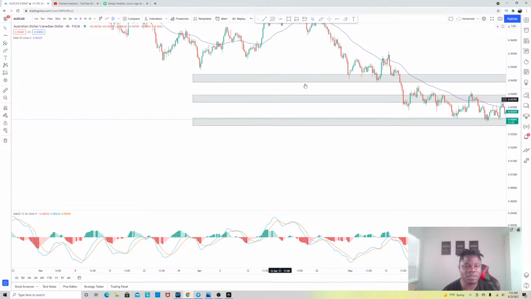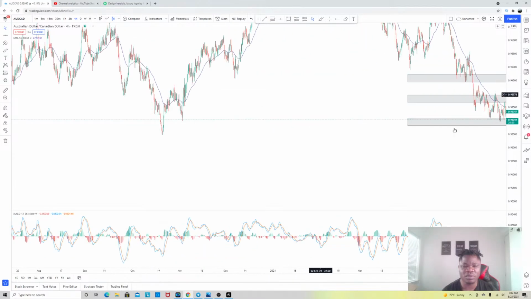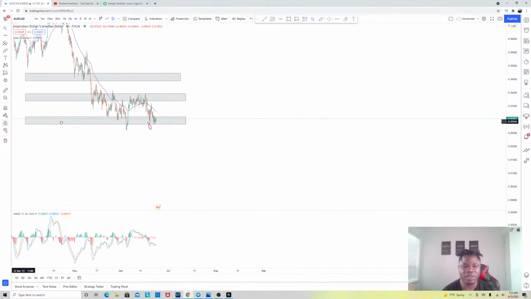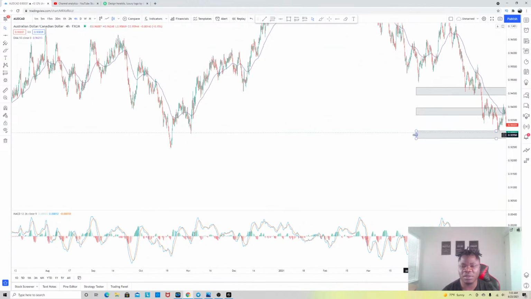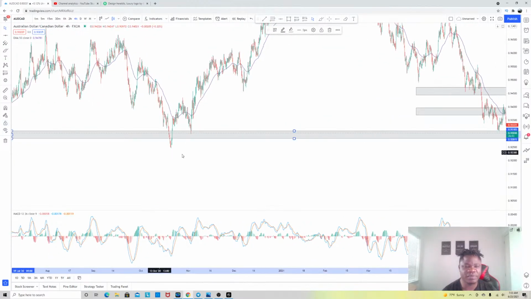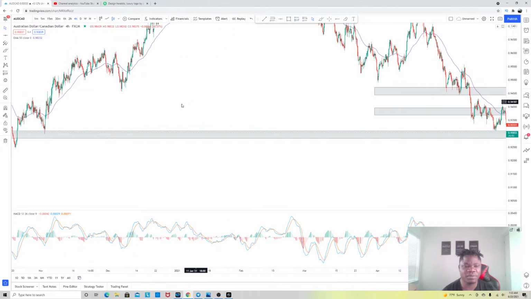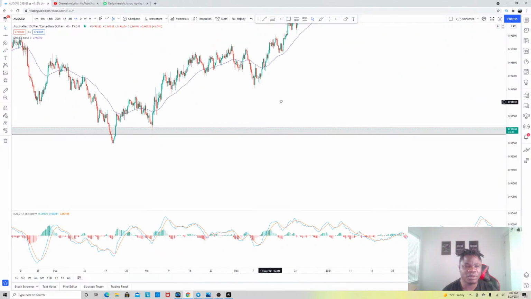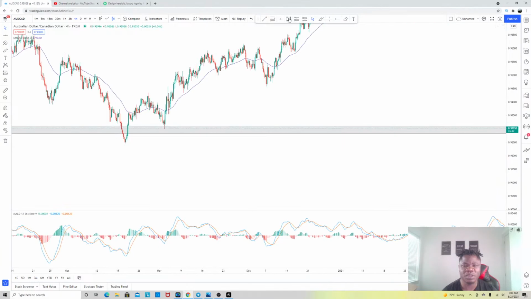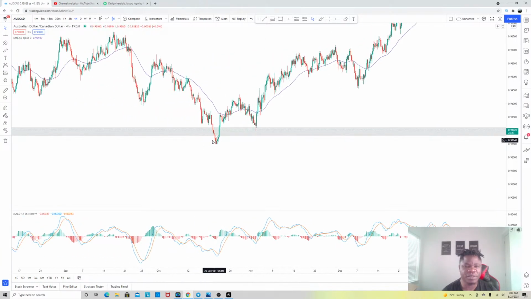And let's see what other zone we have here, looking at this towards the left hand side. We also have this zone over here to the left hand side.